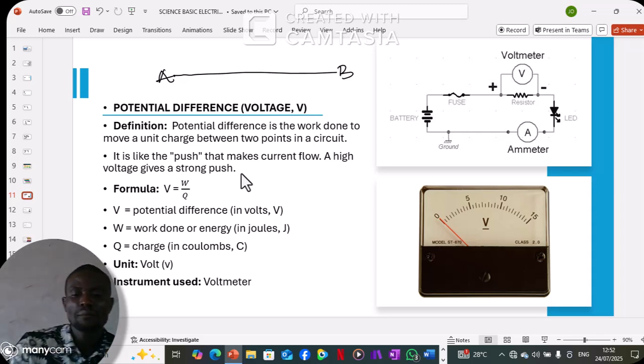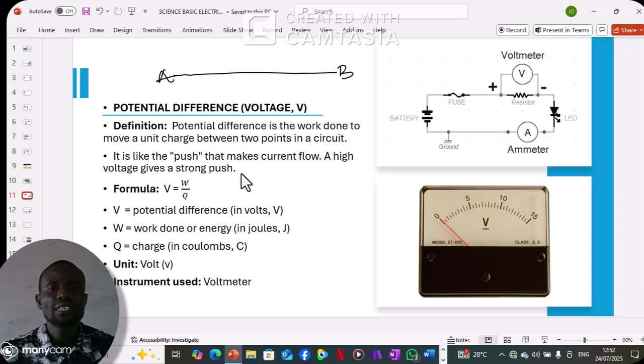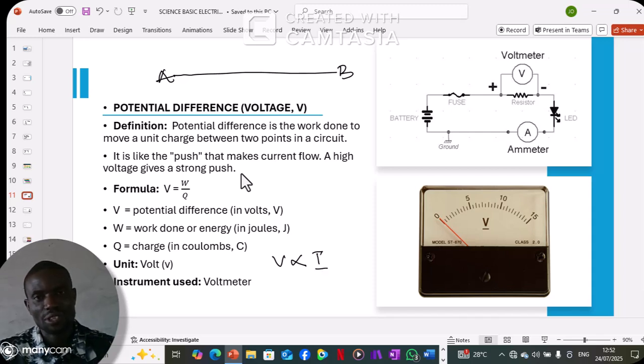Now, I believe you understand potential difference. So we can say potential difference V is directly proportional to current. Please take note of that. As we continue, I will refer you back to it.